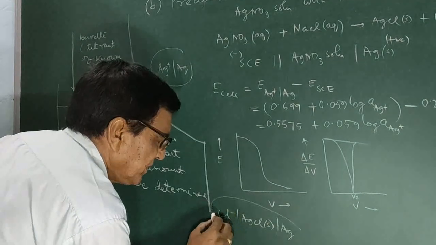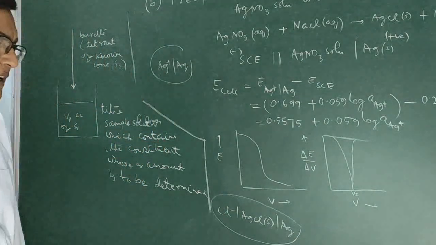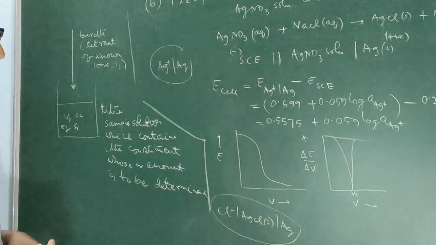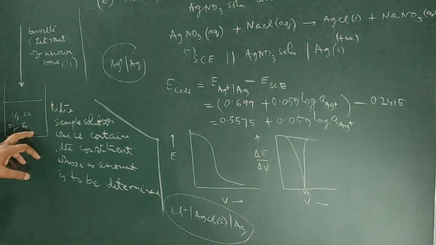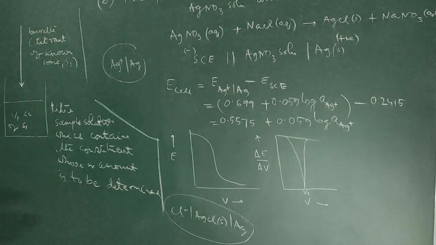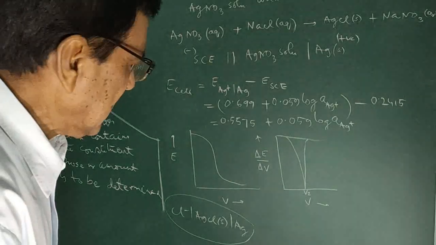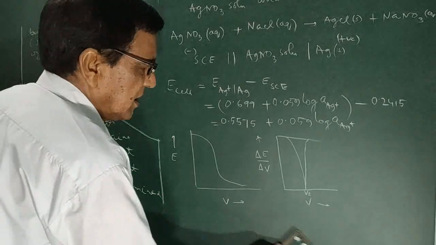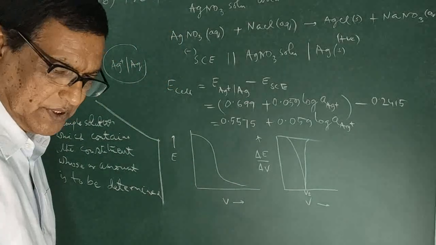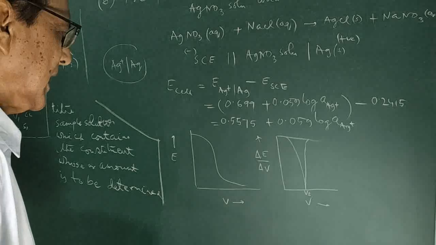This may be taken as the indicator electrode to titrate the sodium chloride solutions by silver nitrate solutions. One additional quality or constant we can also get here, and this is V2.